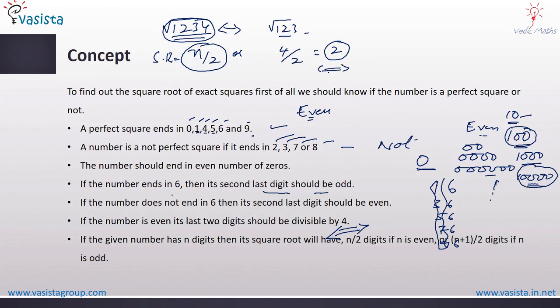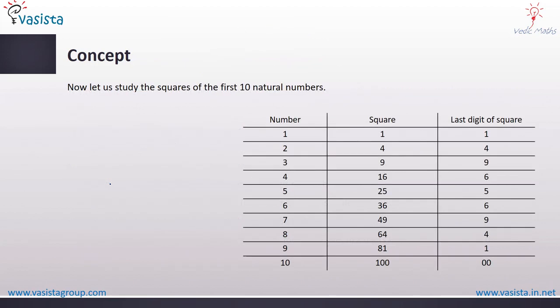Let us start working on some examples. So this is the table you should know. Square of number 1 is 1, last digit of square is 1. 2 gives 4, 3 gives 9. Similarly, by observing the last digit of the square, you can find the pattern: 1, 1, 4, 4, 9, 9, 6, 6 and 5.